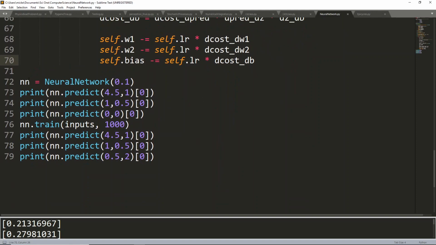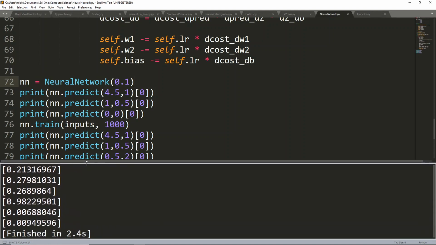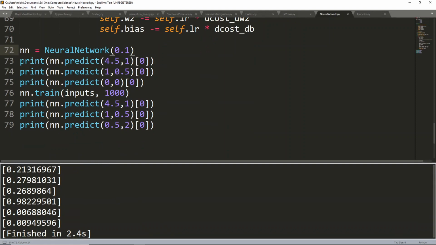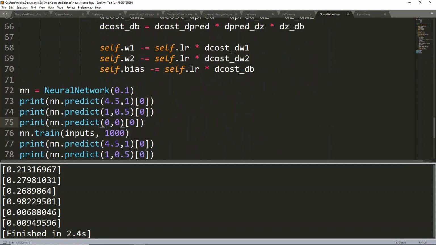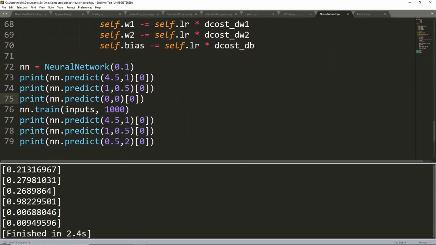And then this is the end of it. It just makes the neural network. And then if I run it, you can see here. So this is before any of the training. So we inputted these 3 new pieces of data. So for example, a species with width 4.5 and height 1.